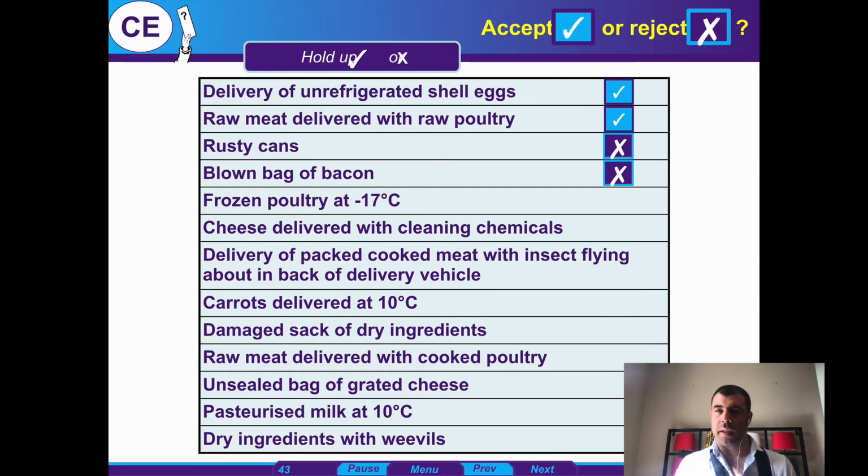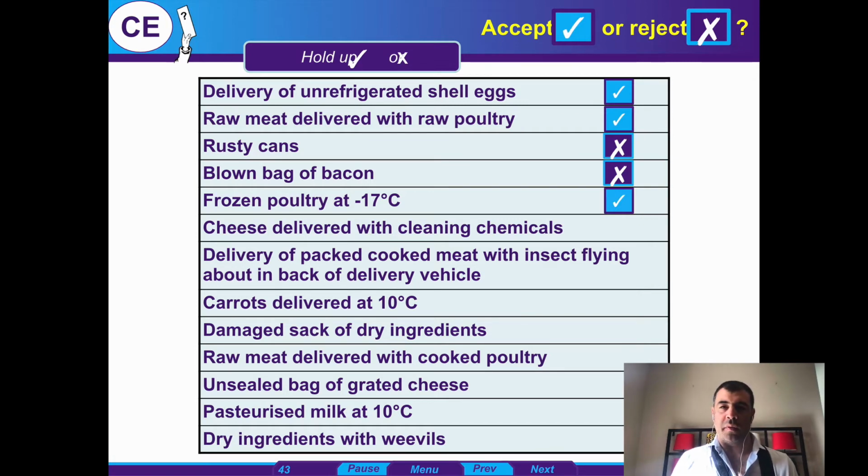So here you really need to remember the difference between acceptable, not acceptable, and also reference the recommended temperature against the critical limit. So -17 is acceptable. If it was -15 or -14, that would be a breach of law. We would reject it.